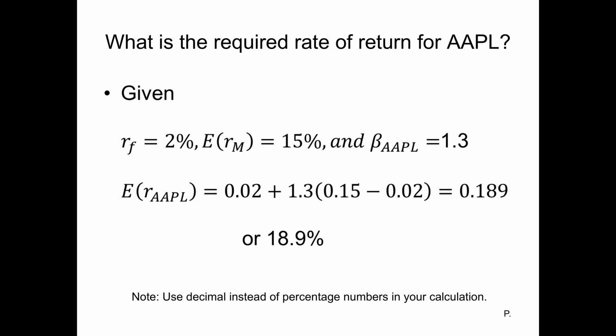Here's another example with Apple. Given the earlier Apple data, beta is 1.3, risk-free is 2%, market expected rate of return 15%. So how do you calculate? It's 2% plus 1.3 times the risk premium, equal to 0.189.